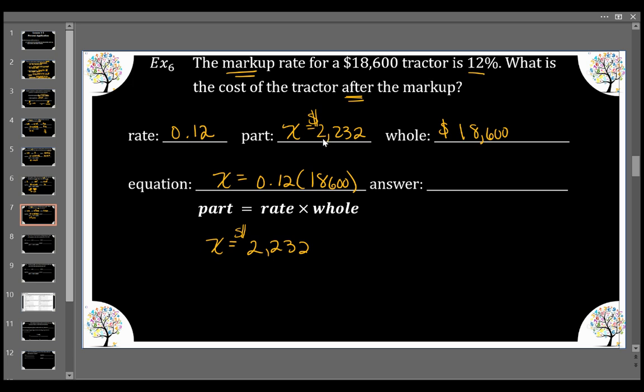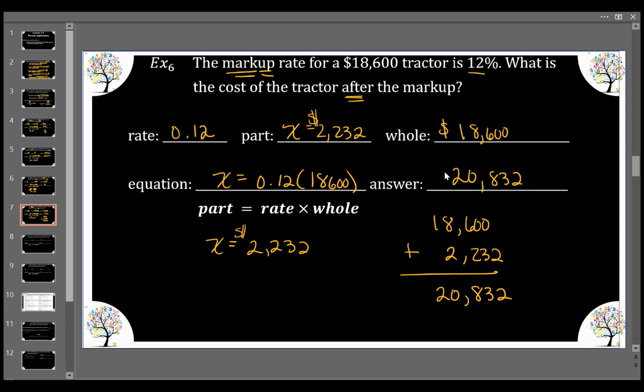His profit will be the $2,232. So we are going to add these two together because this is a markup. And when we add this, we simply get $20,832. So a markup is when we're going to be adding to the original total.